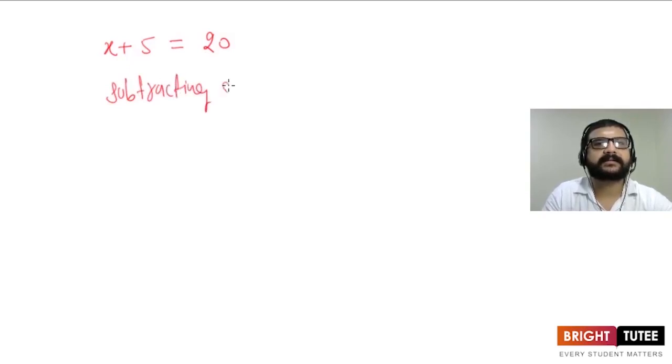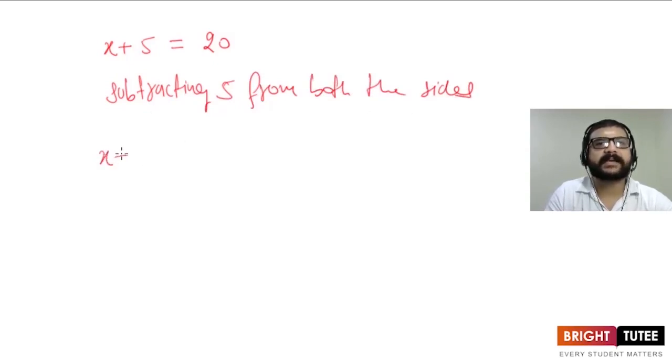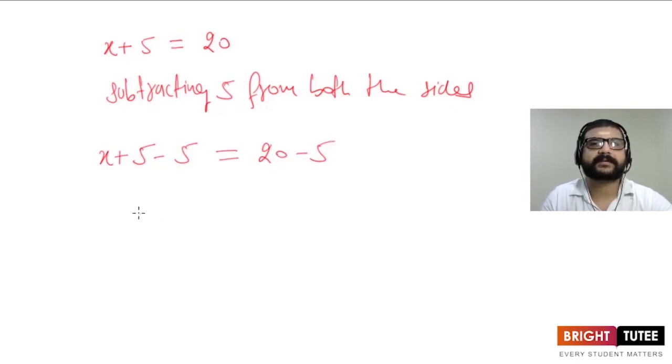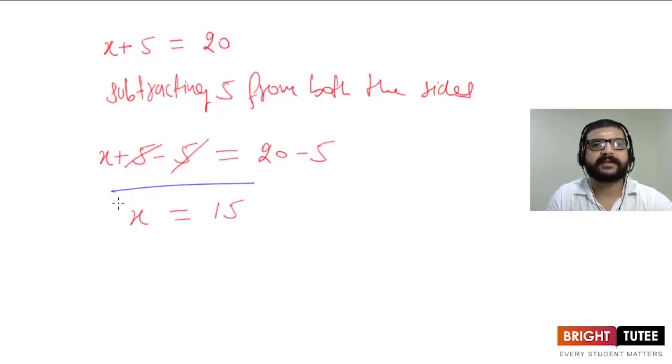Now this gives us x plus 5 minus 5 is equal to 20 minus 5. Now plus 5 and minus 5 will cancel out. Now we are left with x. This x is equal to 20 minus 5, and that is equal to 15. So the value of x we got from here is 15.